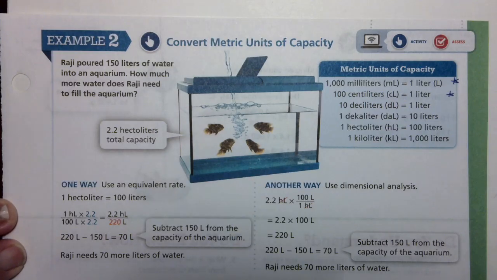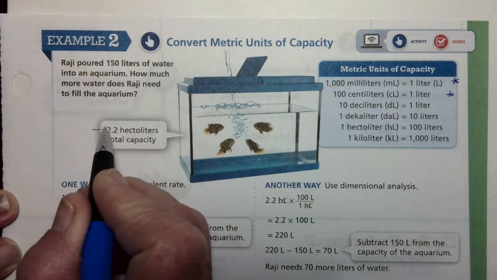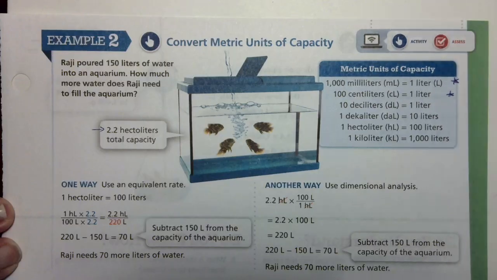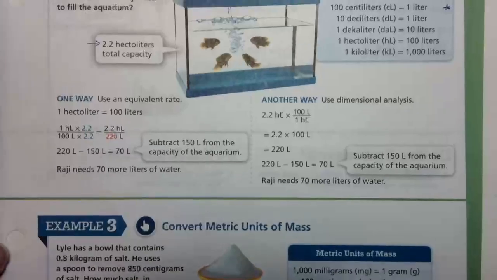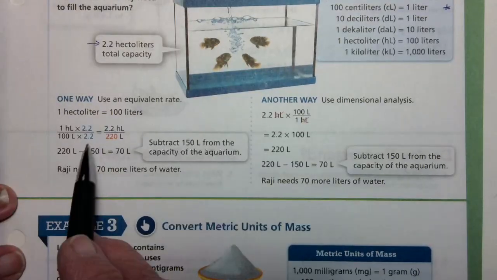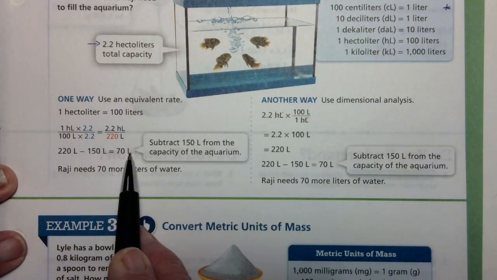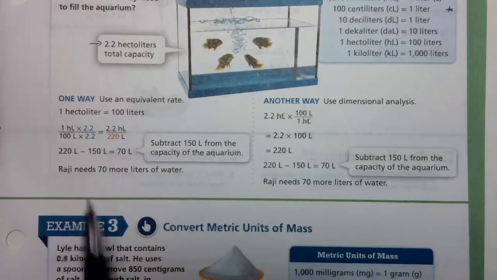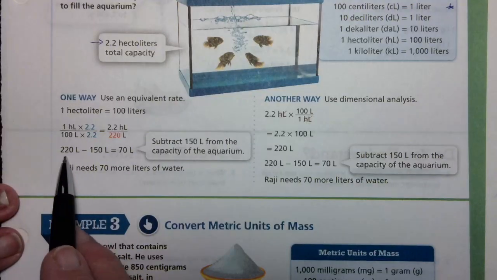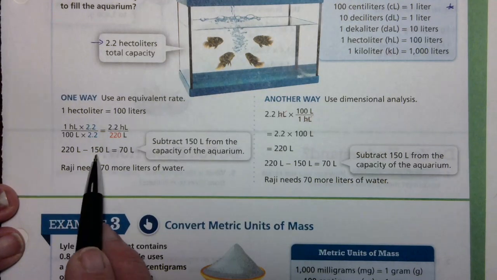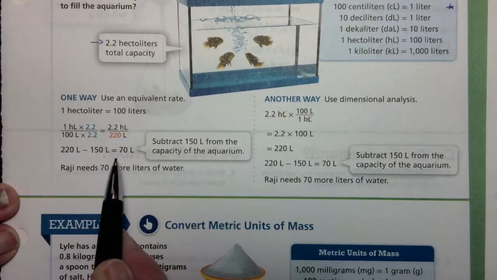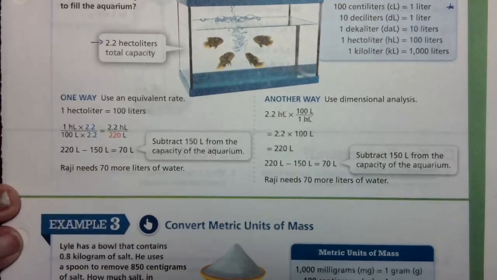Okay, so Raji poured 150 liters of water into an aquarium. How much more water does Raji need to fill the aquarium? This is how much it holds. Here's how much it holds, and we're going to see how much that is in liters, and here's how much he's already poured in, and this is how much he still has to put in.